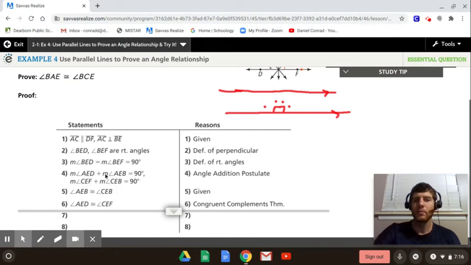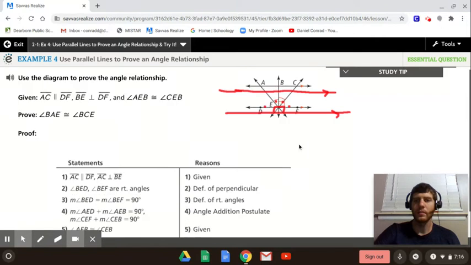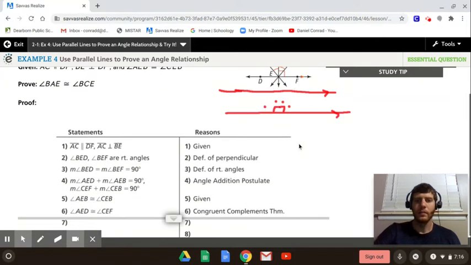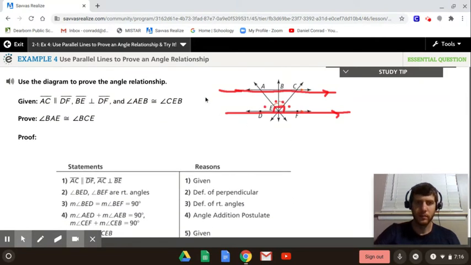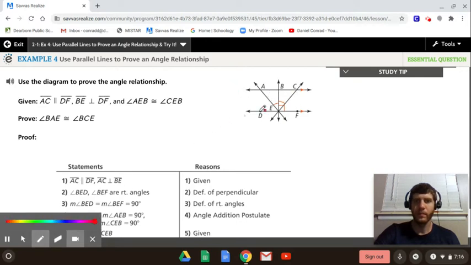Since they're complementary with angles that are congruent, right? These two angles here are congruent. They're congruent with each other. Okay, so if we look at our diagram, let's erase here. All right, it's going to tell us these two angles here, AED, is congruent to CEF.